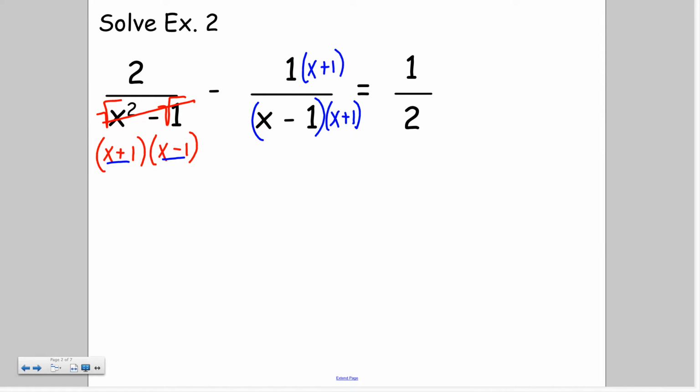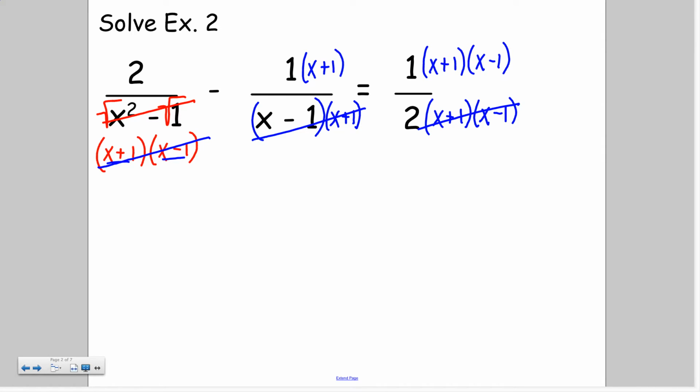What you do to the bottom, you must do to the top. If you look at your last denominator, it just has the 2. It does not have either one of those factors, so I have to put both. So it needs the x plus 1, and it needs the x minus 1. So every denominator has x plus 1 and x minus 1.